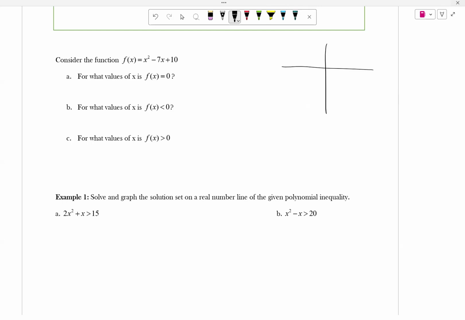I started, so isn't 10 the y-intercept? The y-intercept is 10. Nice. I didn't do the vertex first, I probably should have, but I factored it out, so then it's x minus 5 and x minus 2. Okay, then aren't those the zeros?